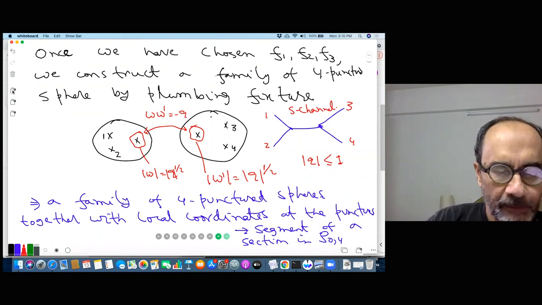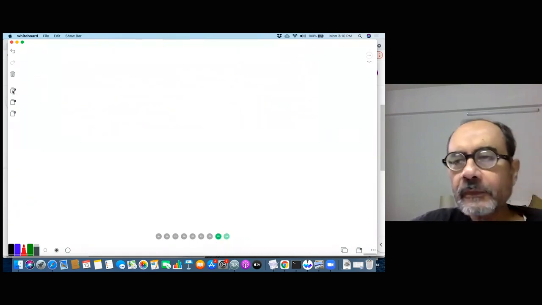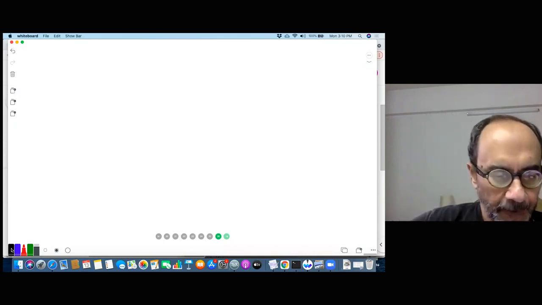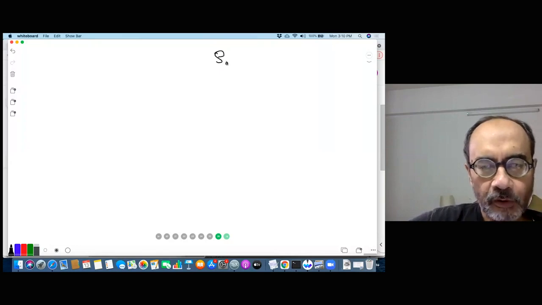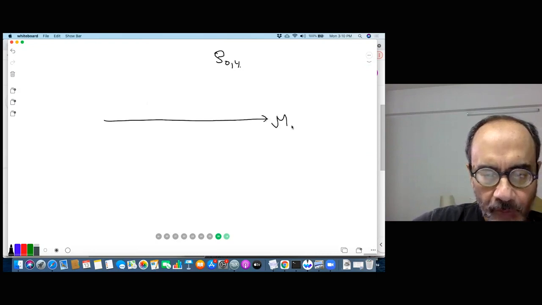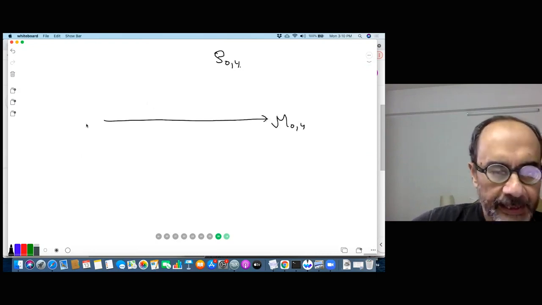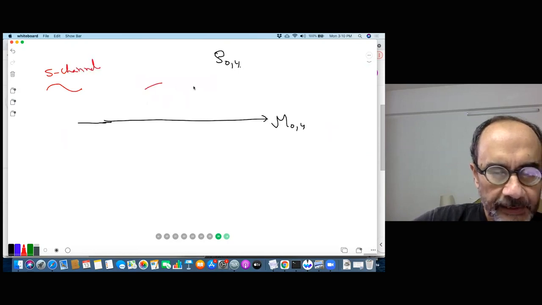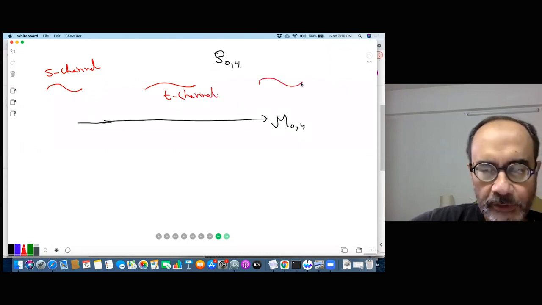So the general picture then is, in P, if we draw P04, here is M04. The S channel gives you this, let's call it S. Then you have a T channel and U channel. Each of them gives a section segment.